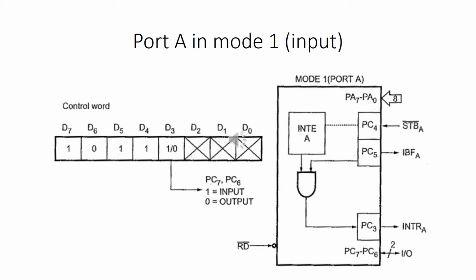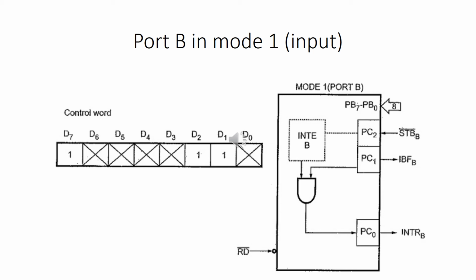For the different ports and different modes, check for the control word, C ports, to what signals they are connected and how the interrupt is enabled. Just go through the remaining signals to check the block diagrams.